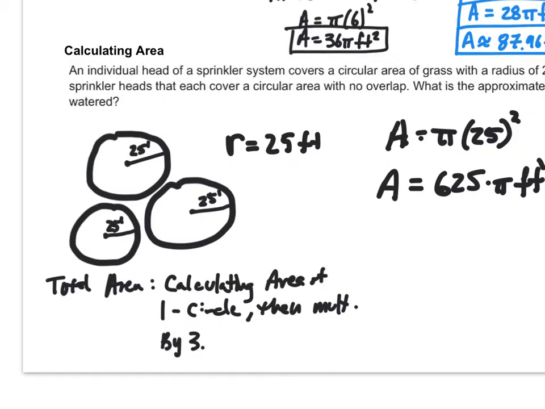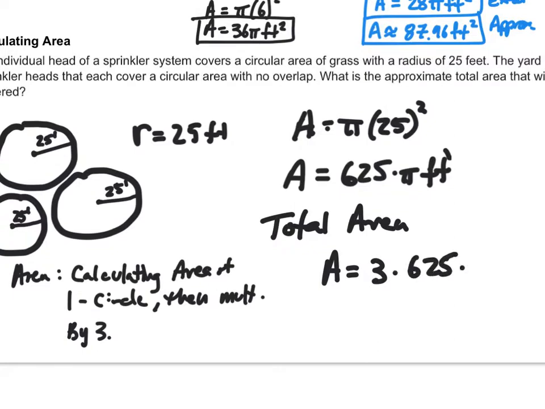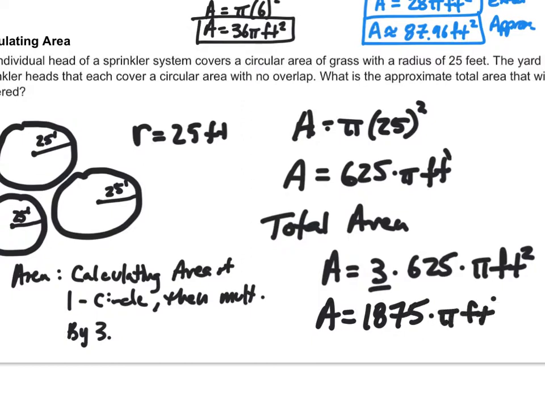Now to find the total area, this is just the area of one. Total area is going to equal 3 times 625 times pi, feet squared, because I have 3 circles, 1, 2, 3. Multiplying by 3 gives me an area of 1,875 times pi feet squared.